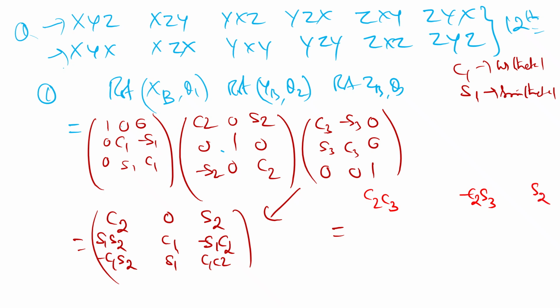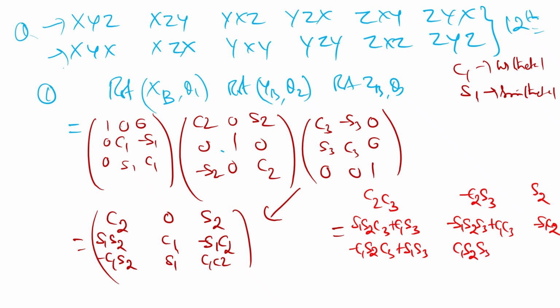The next one is S1 S2 C3 plus C1 S3, then minus S1 S2 S3 plus C1 C3, minus S1 C2, then here minus C1 S2 C3 plus S1 S3, then C1 S2 S3 plus S1 C3, and here C1 C2.